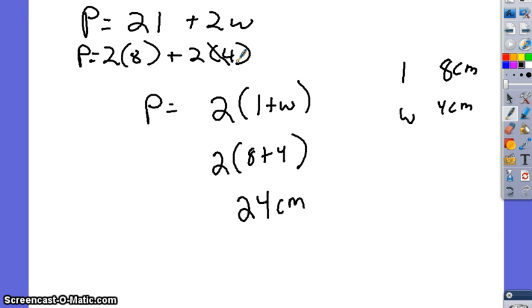Now, using that information, I could do something called the distributive property. And the distributive property is a really helpful thing to understand in math. For example, if I had a rectangle that was 30 inches by 20 inches, I could find the perimeter for that using 2 formulas.